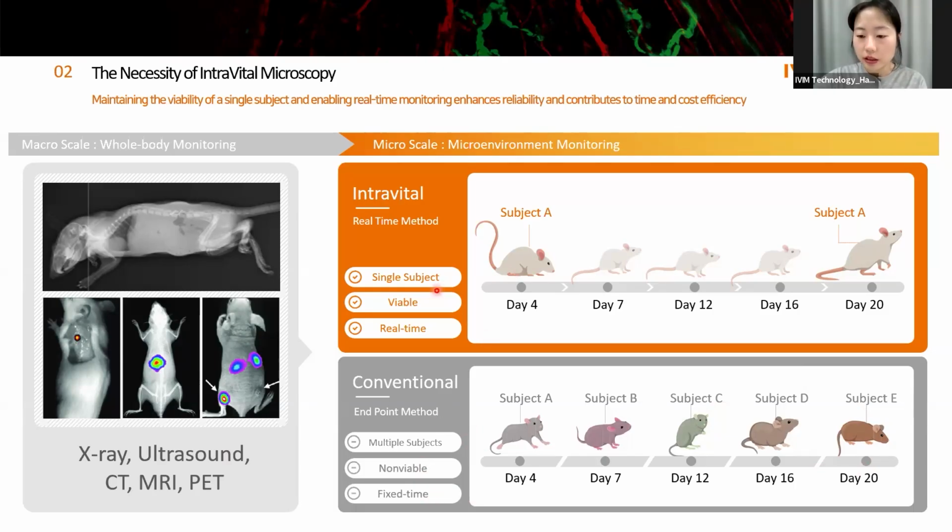In contrast, intravital imaging systems, especially ours, allow longitudinal imaging within a single living subject at precisely defined intervals, dramatically improving consistency and reliability. So beyond static image acquisition, it enables real-time dynamic visualization of biological processes as they unfold, offering a far richer and more accurate perspective on complex physiology.